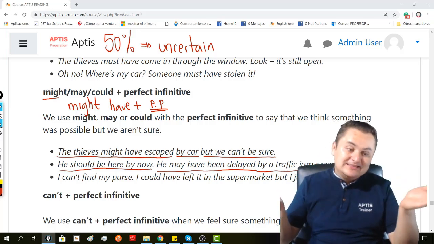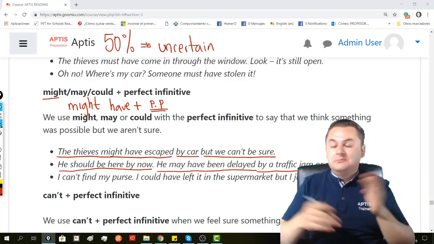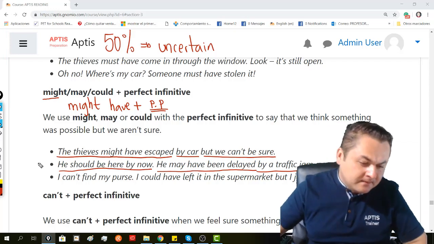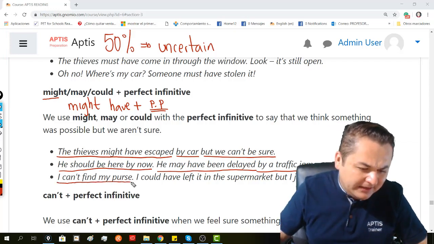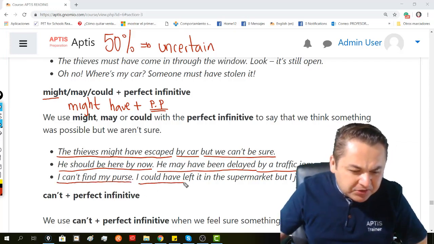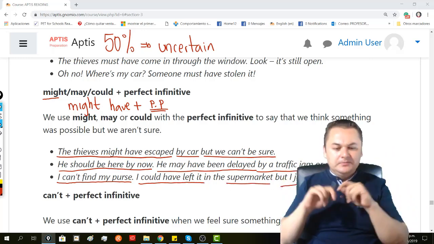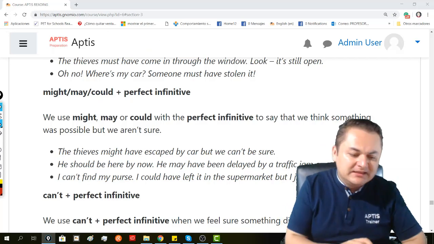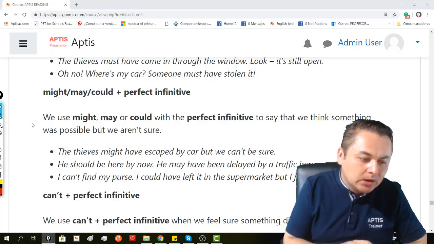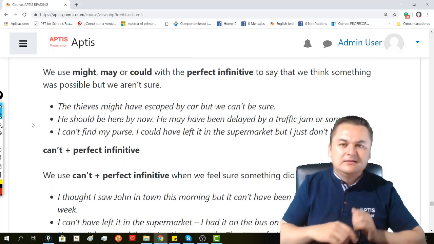All I know is that he should be here by now, but he's not. Then it says, I can't find my purse. I could have left it in the supermarket, but I just don't know. And that means I am not sure about that.